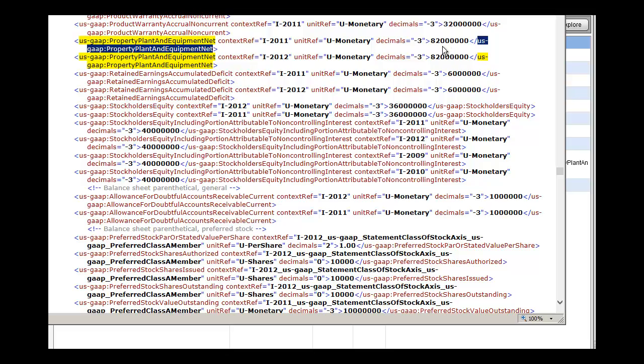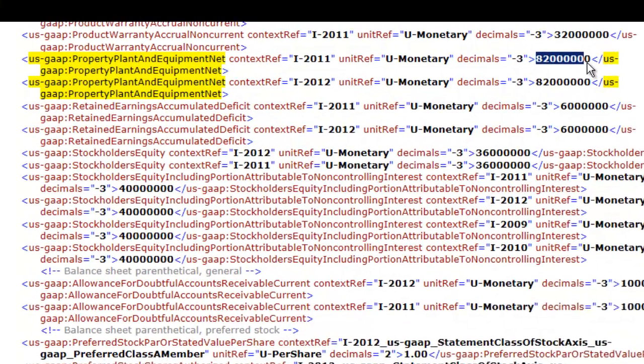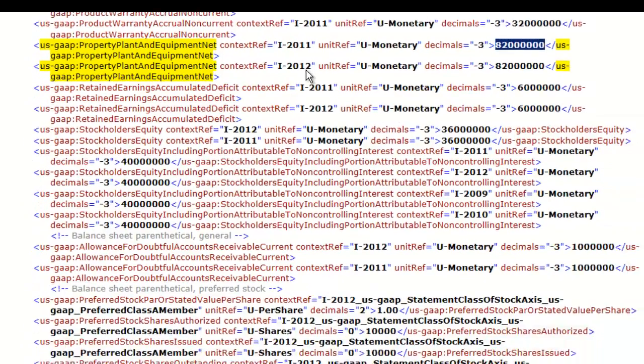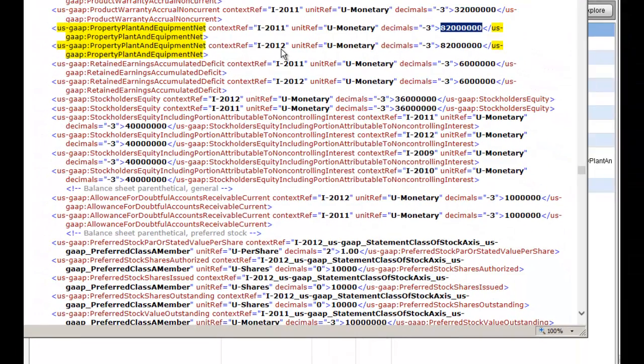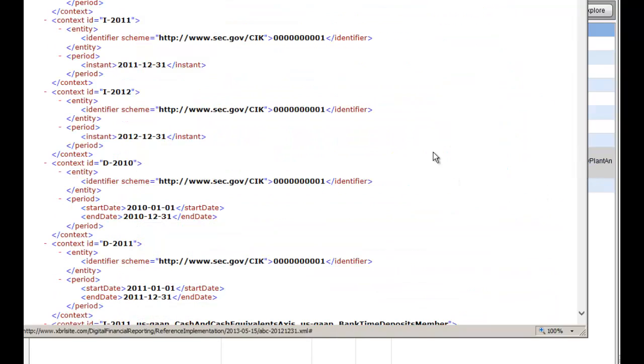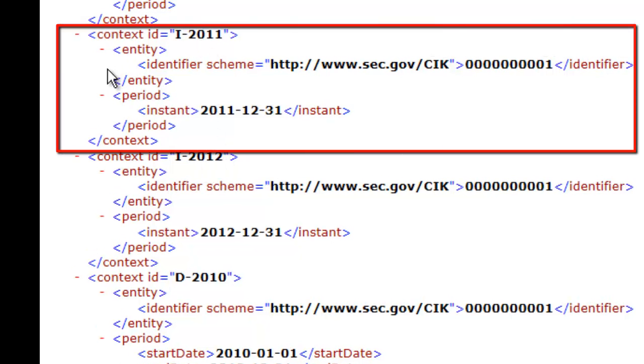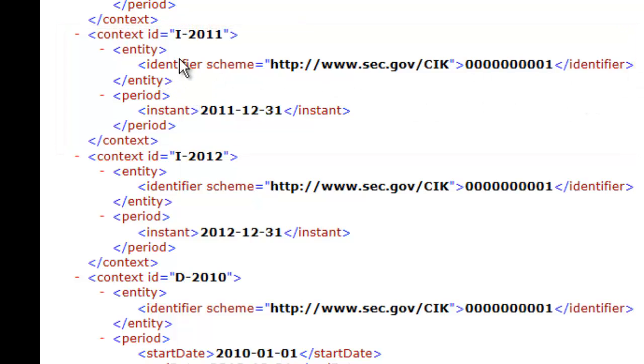Now in the instance document, you can see that there's the fact. This fact exists two times, once for 2011, once for 2012. So if we go and look at the context, you can see that the context 2011, 2012, there are no dimensions or explicit dimensions.